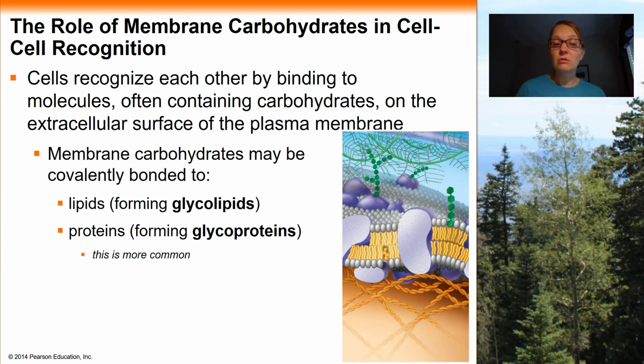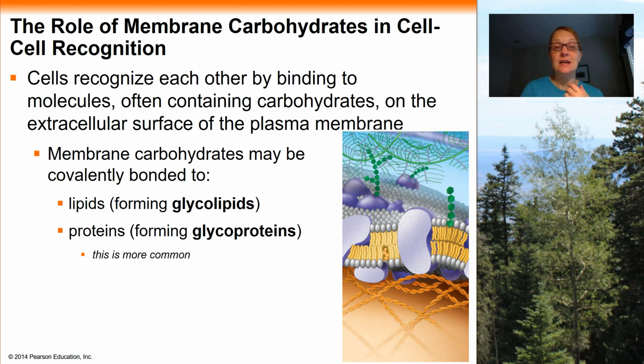So not only can you have proteins with these carbohydrates added to the surface, which forms glycoproteins, but you can also have lipids that have those carbohydrates added to the surface, and those are called glycolipids.